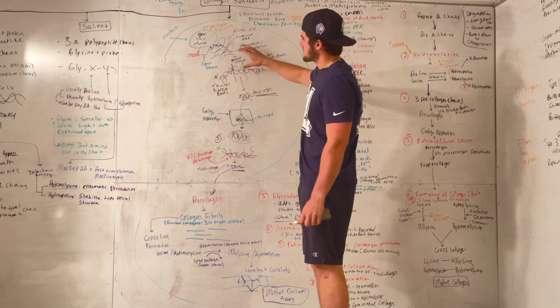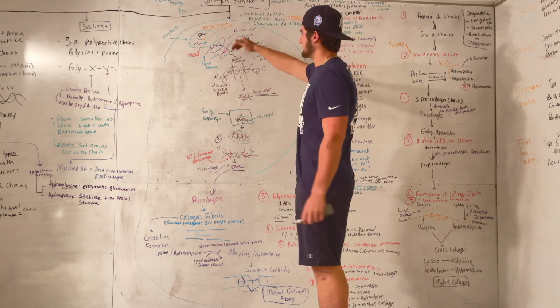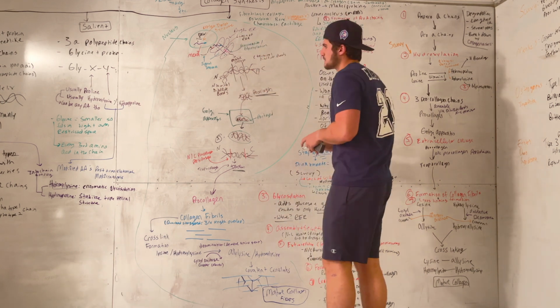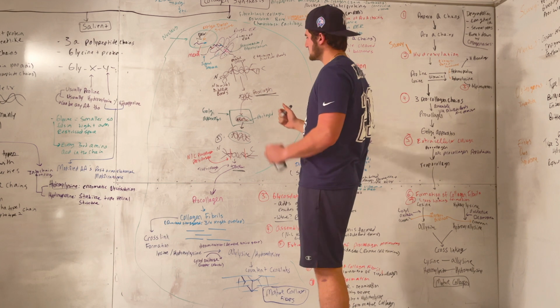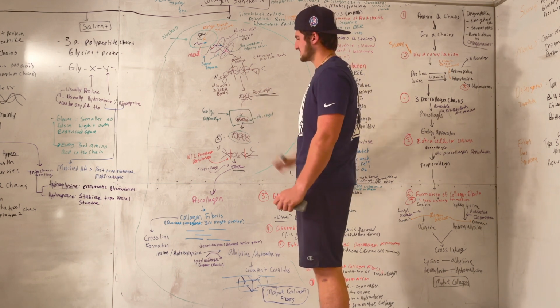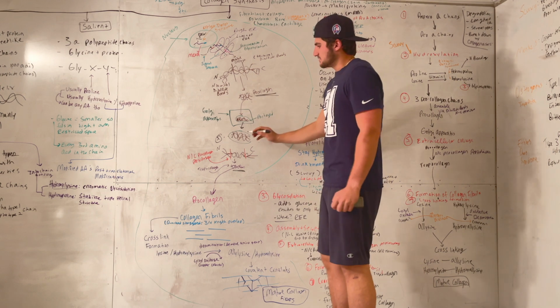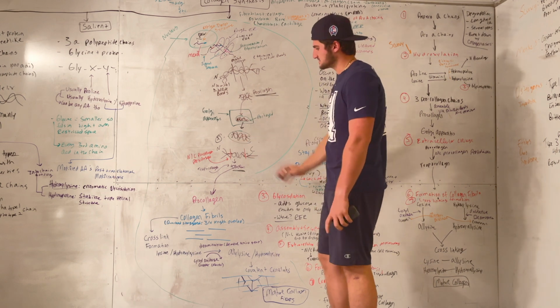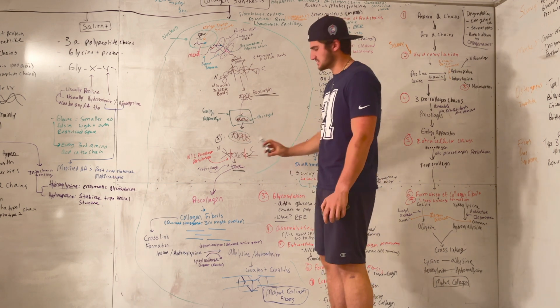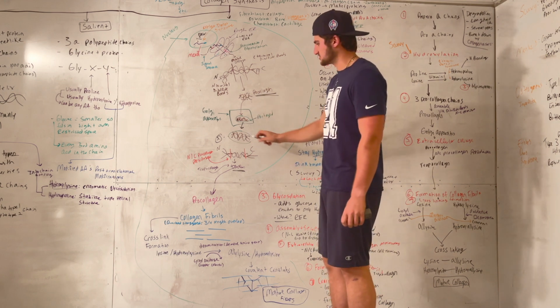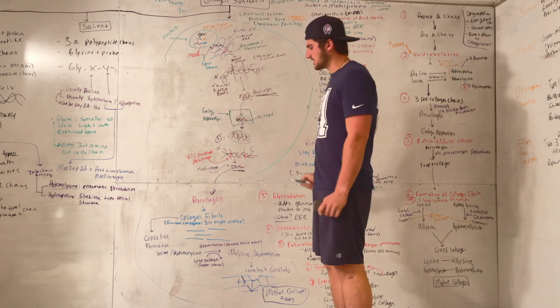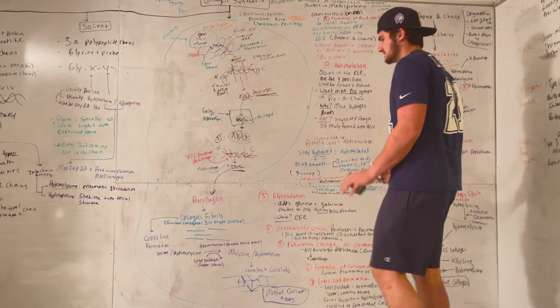Step 4, the collagen that comes out after glycosylation and hydroxylation gets an N and C terminus put on it, and he gets packaged and put into the Golgi apparatus. That's step 4. Step 5, N and C pro-collagen peptidase comes and cleaves off the N and C terminus of this structure. Now we have tropocollagen.